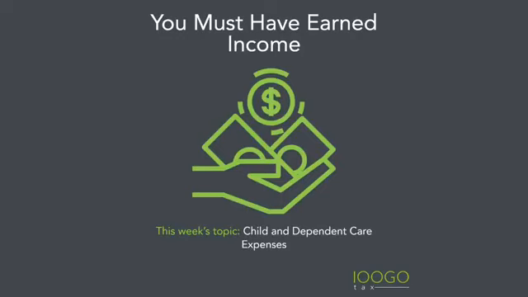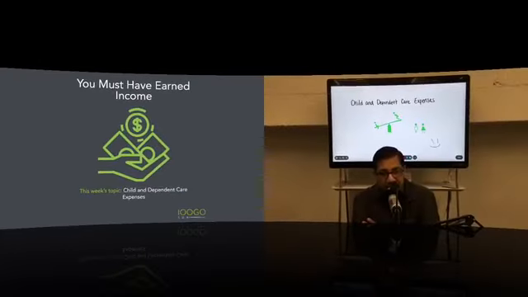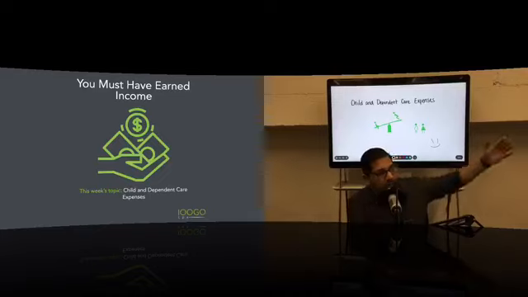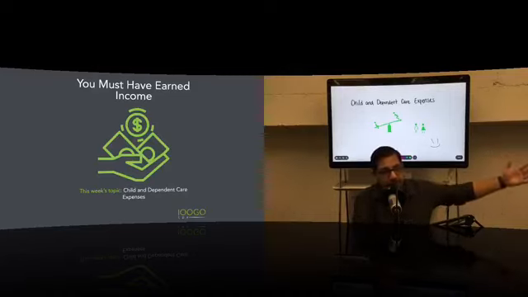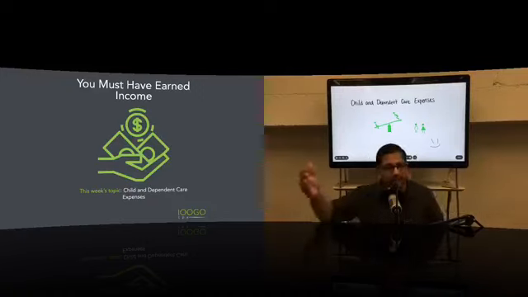Let's talk about, you have to have earned income. So if you live off food stamps, then you can't claim this credit because you don't have any earned income. So follow the logic, right? Number one, you have to be working or looking for work. Number two, you have to have earned income, like a W-2 job, Uber driving or anything like that.